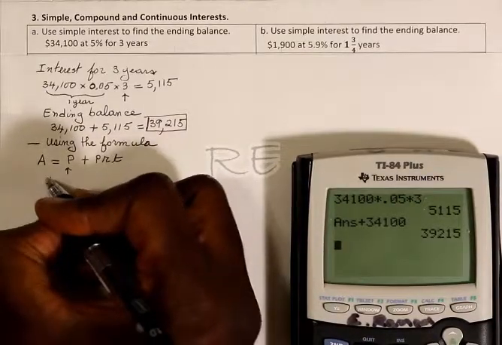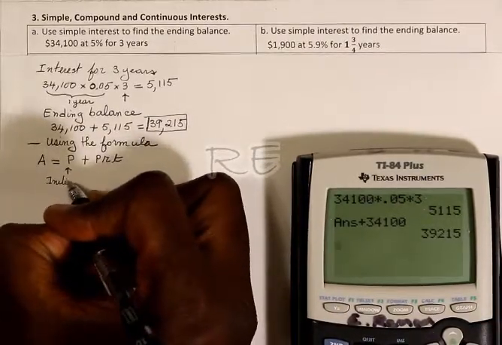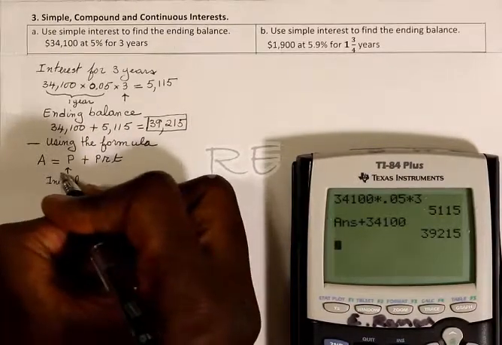So the first P is for the principal, which is the initial deposit.